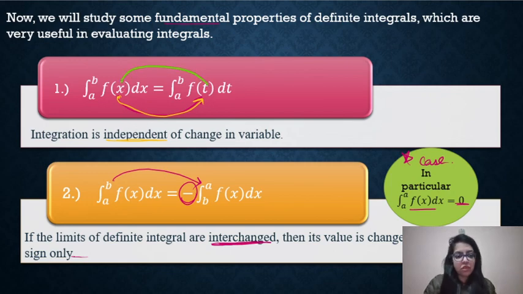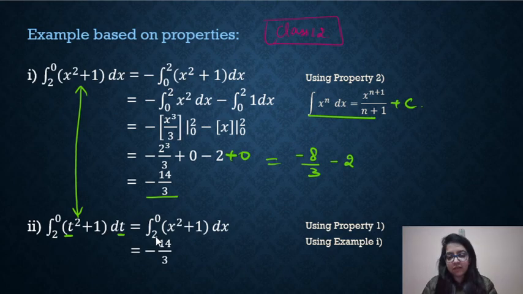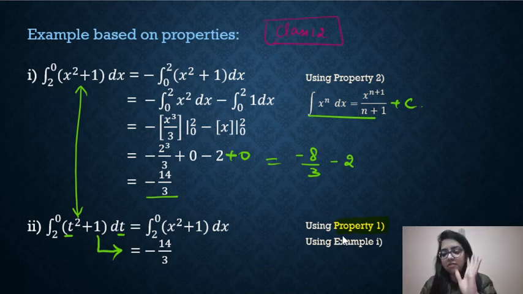Okay now, just change it, that is 2 to 0 x square plus 1 dx, that is equal to minus 1 upon 14, and this will be the answer for this question 2, using property 1 as I have written over there. Okay, so that's it. Just two simple examples to explain this concept properly.